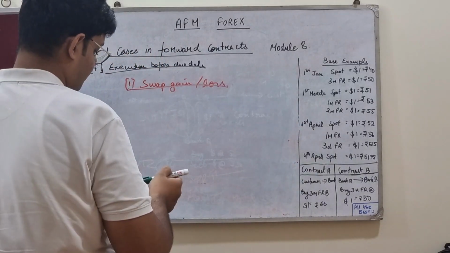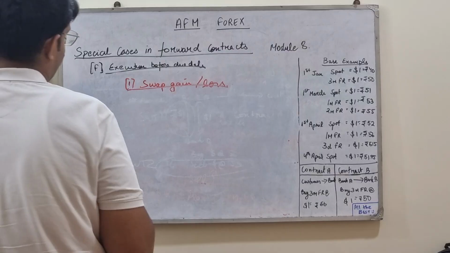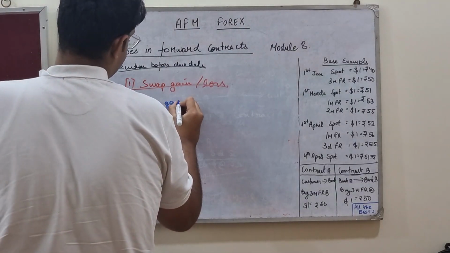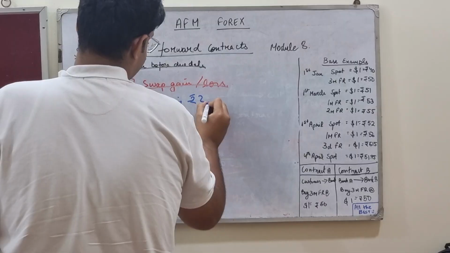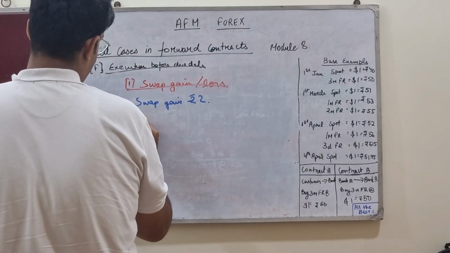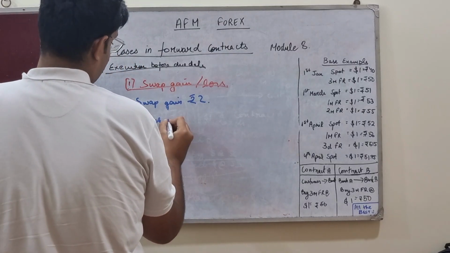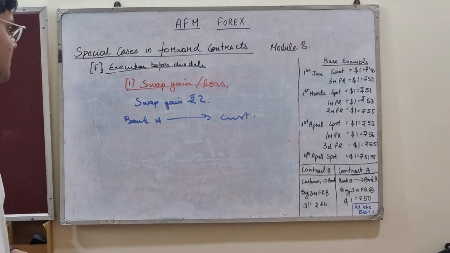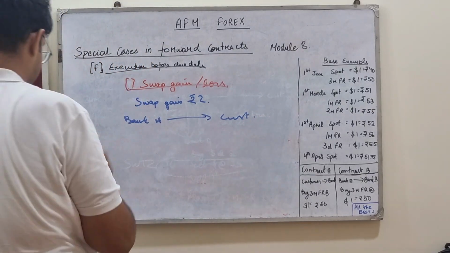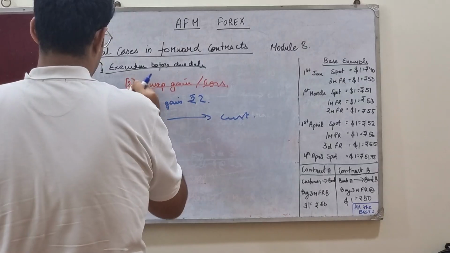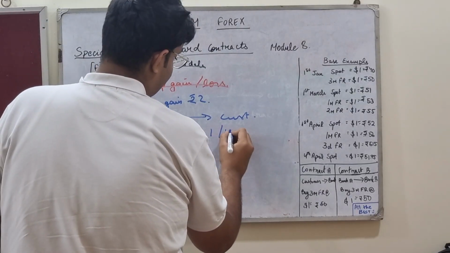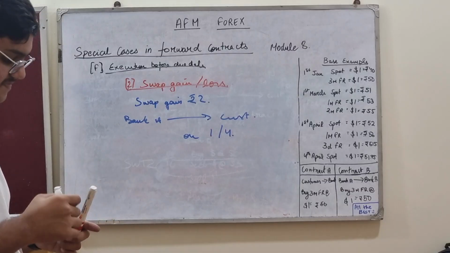So where were we? Now we know there's a swap gain of rupees 2, which bank A will give to the customer. That is point 2, and they will give it on 1st April on the due date.